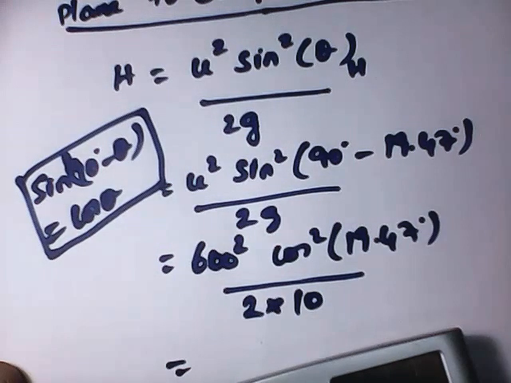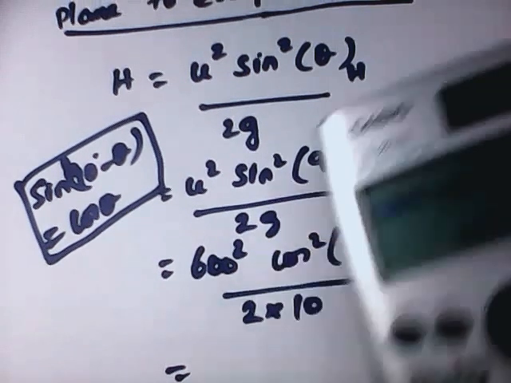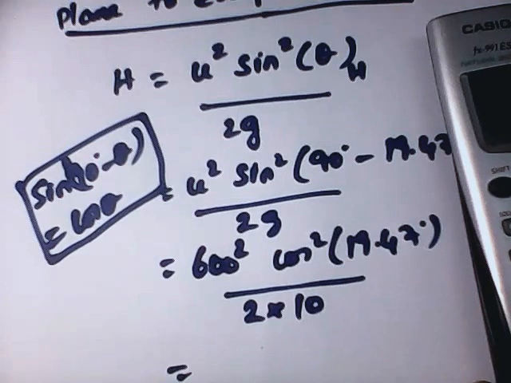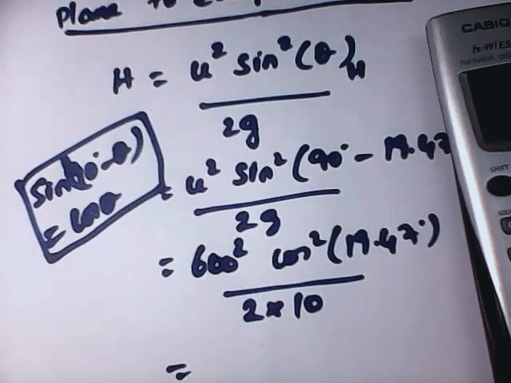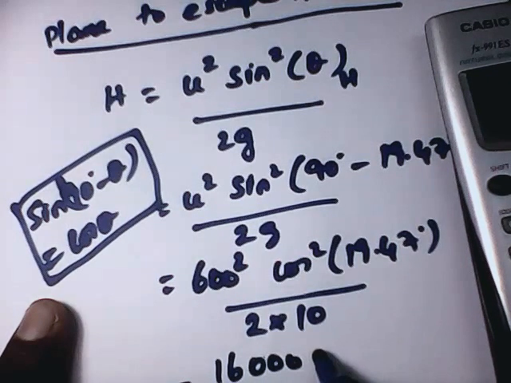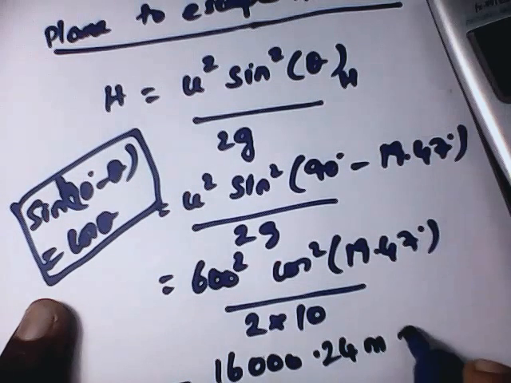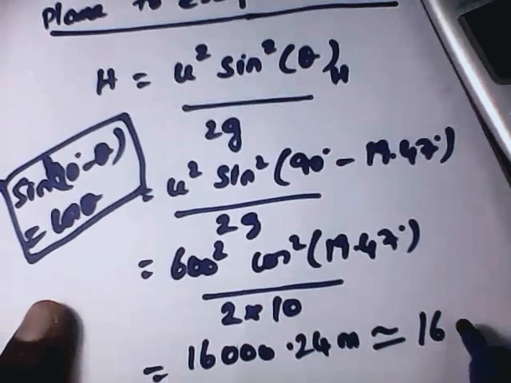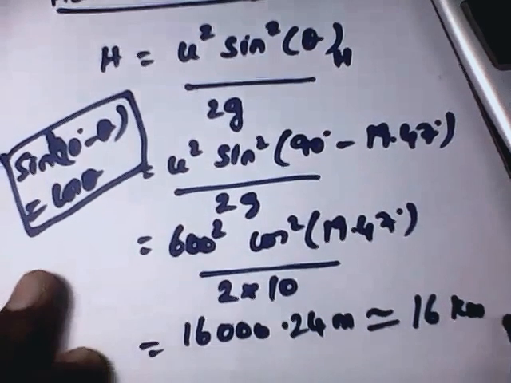So the value comes to 600 square into cos square of 19.47 divided by 2 into 10, which is 16,000.24 meter, which is approximately 16 kilometer.